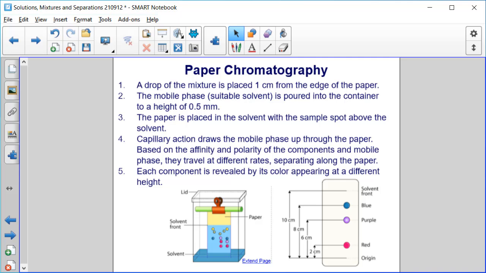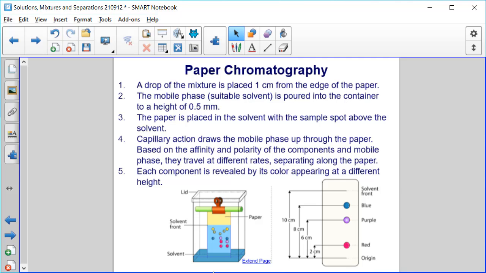All right, so let's go through the steps of paper chromatography together. So in this apparatus here, a drop of the mixture is placed 1 centimeter from the edge of the paper. So if this is our paper, we might have a drop down here near the edge of the paper. The mobile phase, which is a solvent, some suitable solvent, is poured into the container, in this case to a height of about 0.5 millimeters.